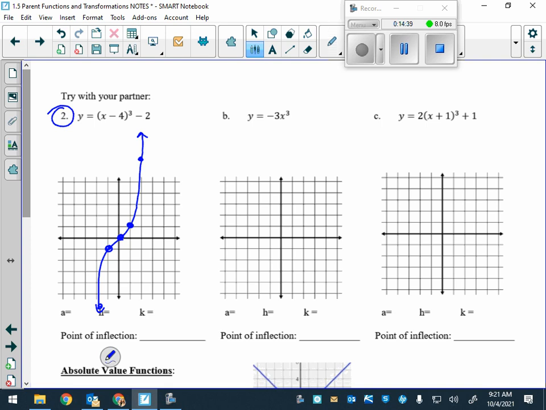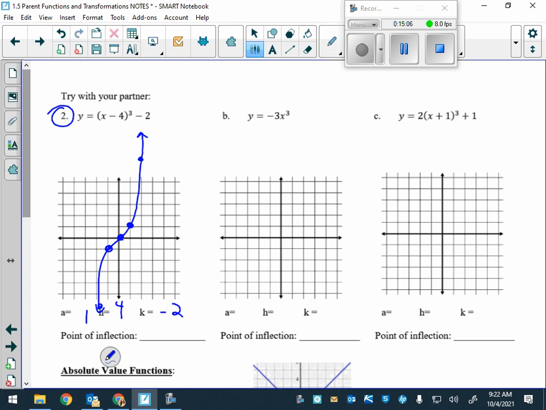what's my A value? Kaden. 1, good. James, what's my H? Jaden, what's my K? -2.